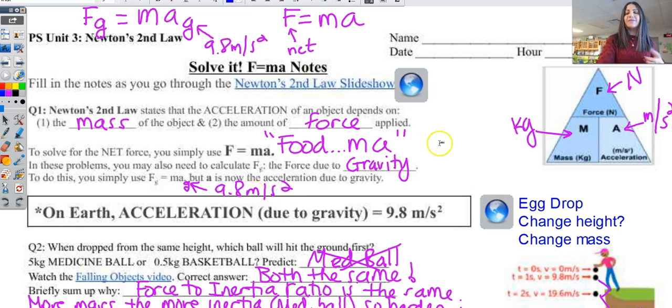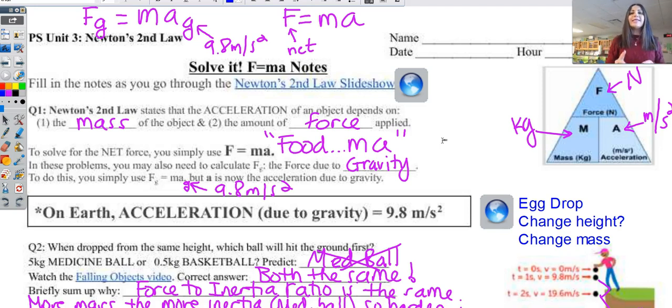One of the things that I start with is talking about Fg, which is not the same thing as F net. Fg is your weight, the weight of something, and weight is different from mass. We're going to talk about this later on, but weight can change. Mass doesn't change ever, anywhere. You can be on the moon, you can be on Mars, and your mass is always going to be the same.